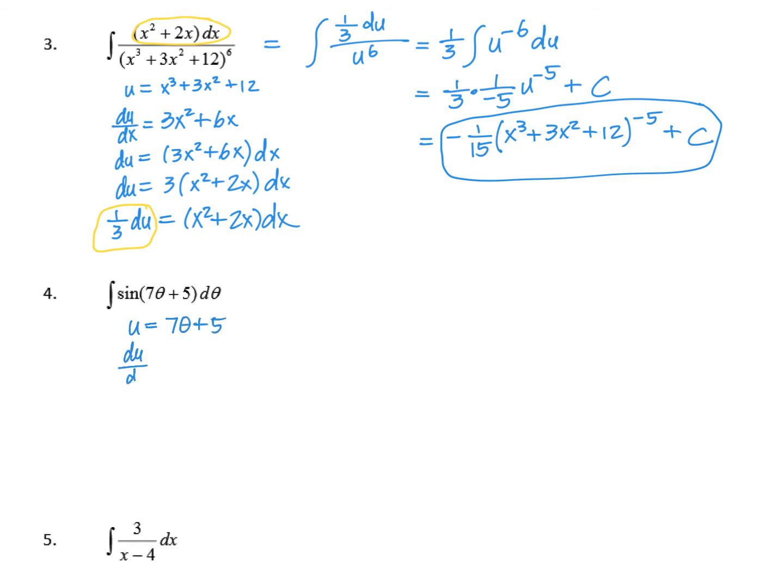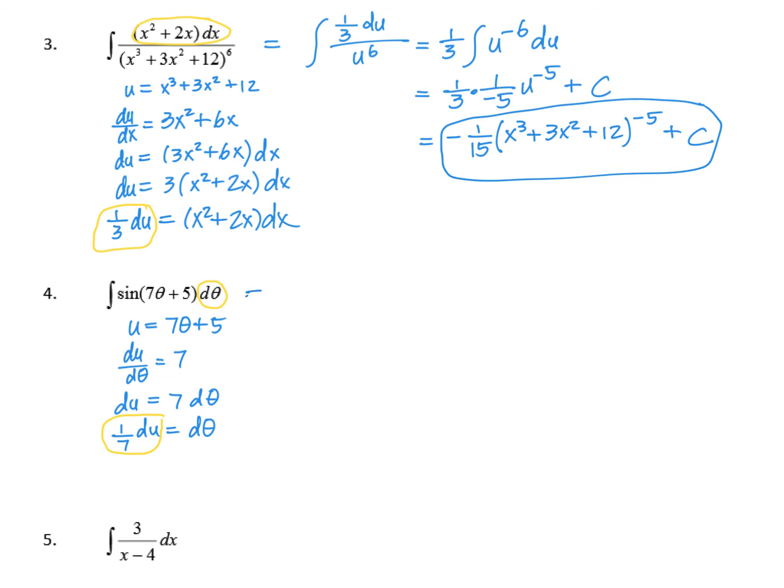Then, just like before, we immediately take the derivative. This time du d theta equals 7. We're going to move the d theta to the right side, and multiply both sides by 1/7. So this d theta is going to be replaced by 1/7 du. And sine of 7 theta plus 5 is going to be replaced by sine u.